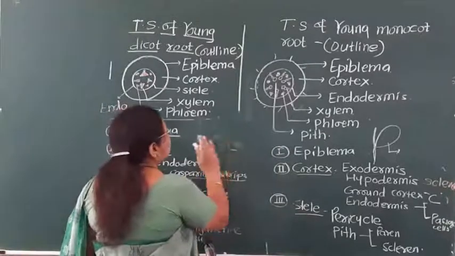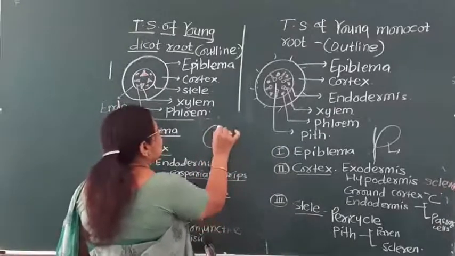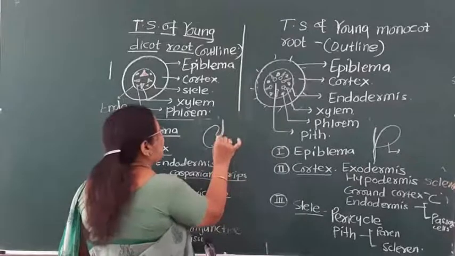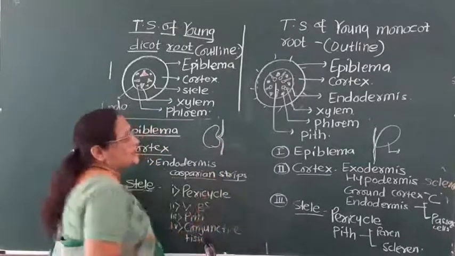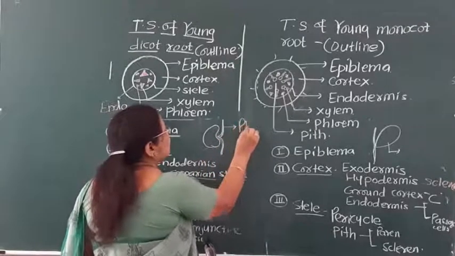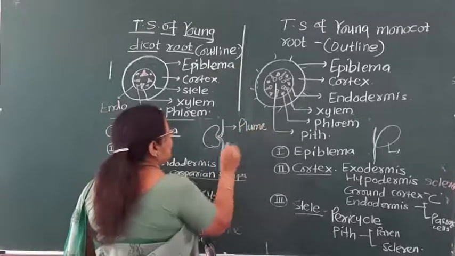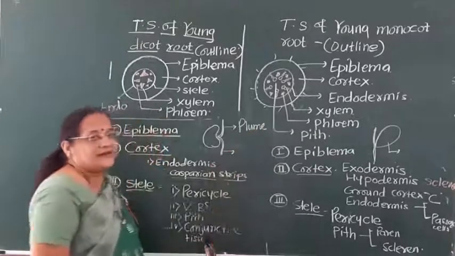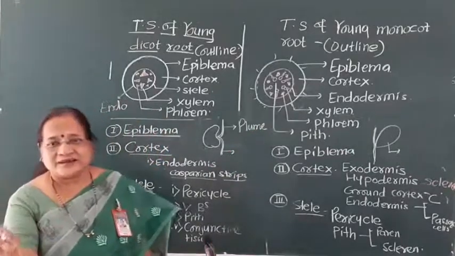After the germination you get two parts in the sprouts. The upper one we call the plumule, which is the future stem, and the lower one we call the radicle, and from that radicle we get the root.